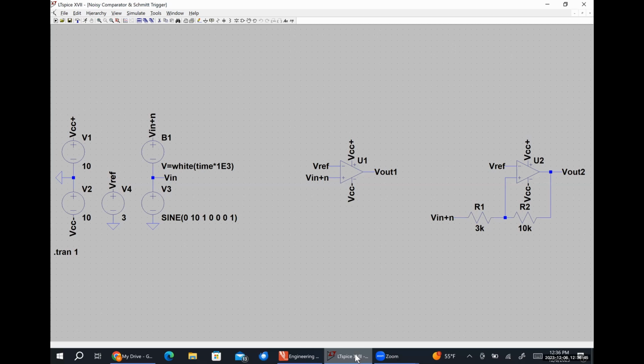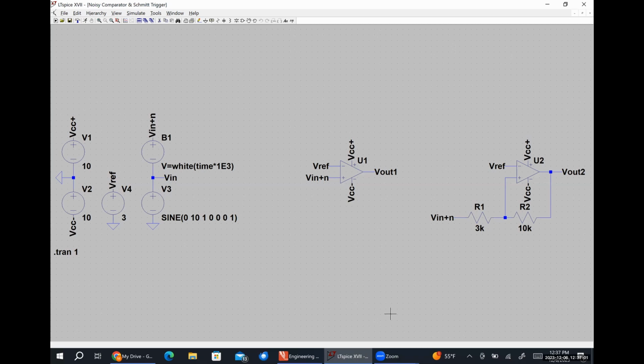I want us to look at something. Just to be clear, at present, I have the input signal as Vn plus N, which is defined up here.